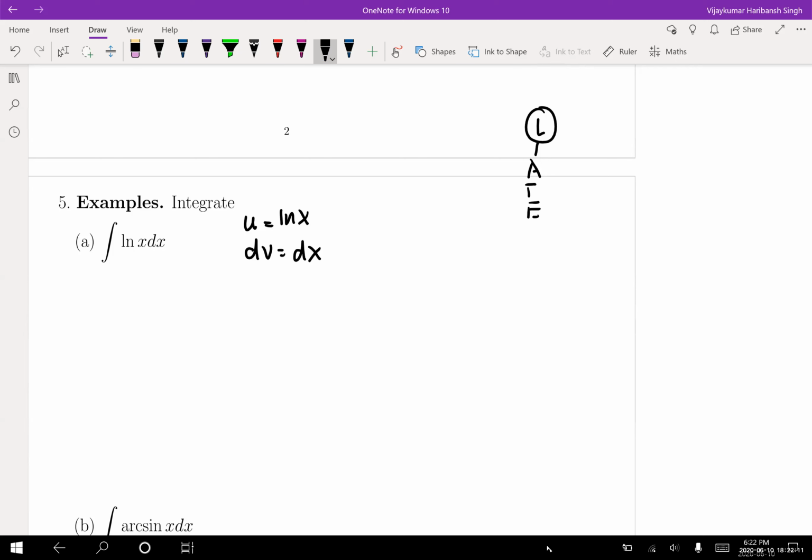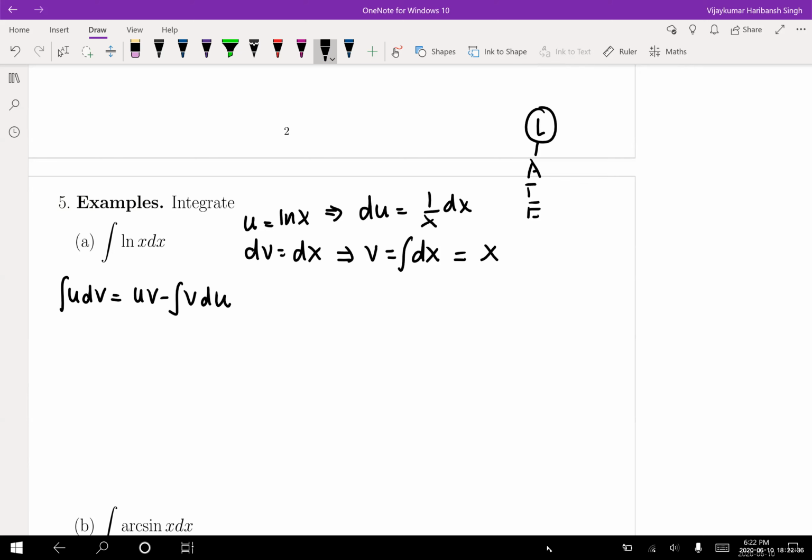So now what is the integration by parts formula? Integral of u dv is uv minus integral of v du. So we need u, and we need v. From here you can see v is the integration of dx, which is going to be x, and du is going to be 1 over x dx. So now let's use this formula.